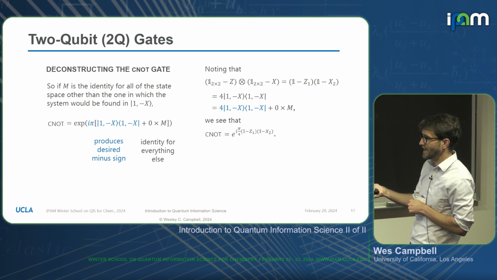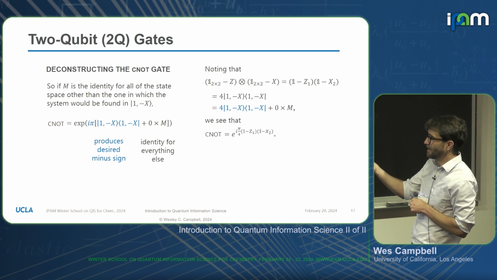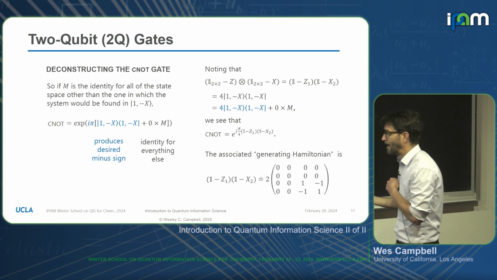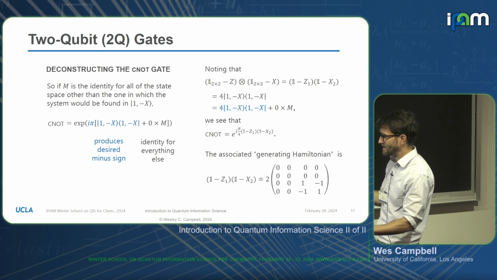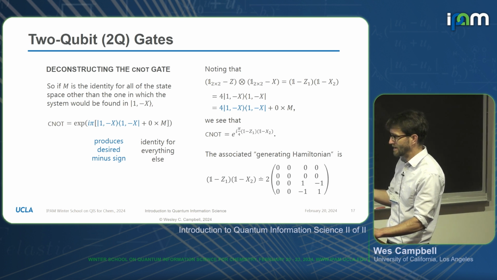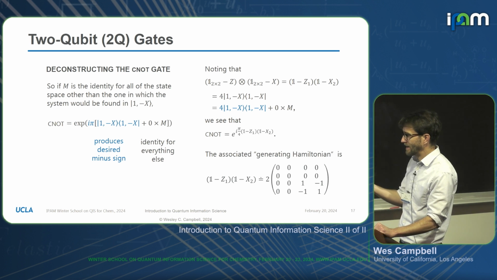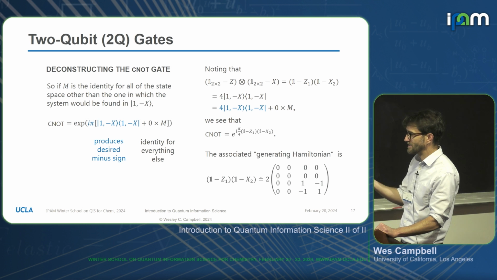So when I exponentiate it, which I can do by writing it this way, it's a little bit more familiar. I have 1 minus z1 times 1 minus x2 here, okay? What I get is something that does essentially what we needed, the essential part of what we needed, okay? This thing is the generating Hamiltonian for the CNOT gate.